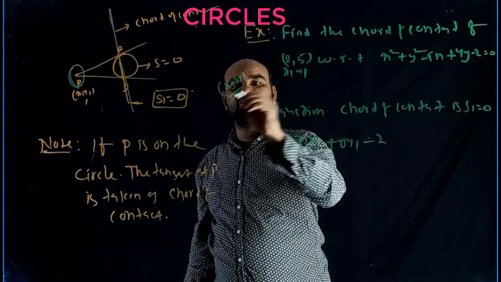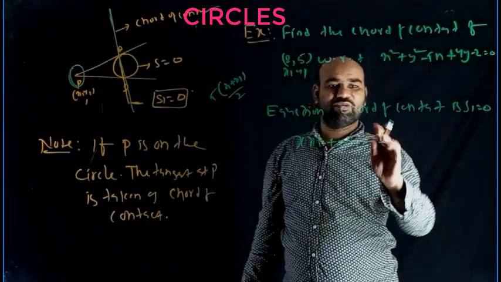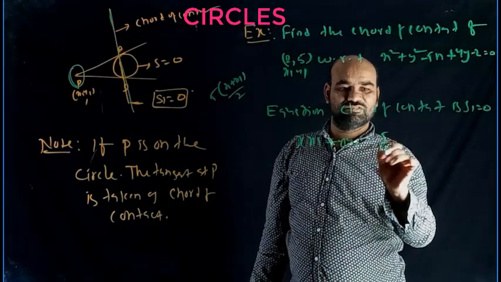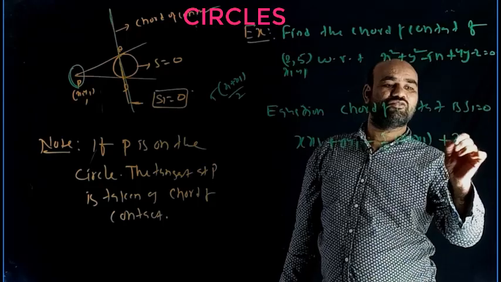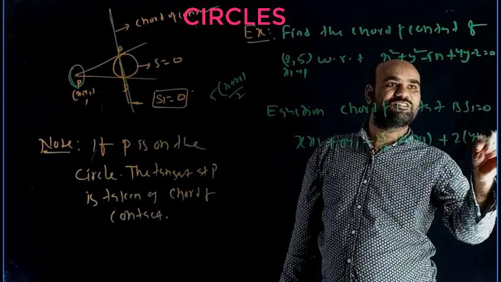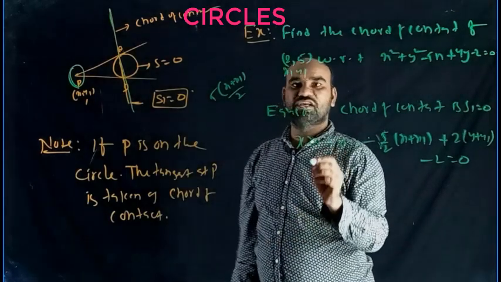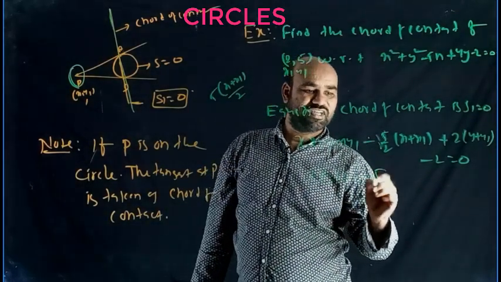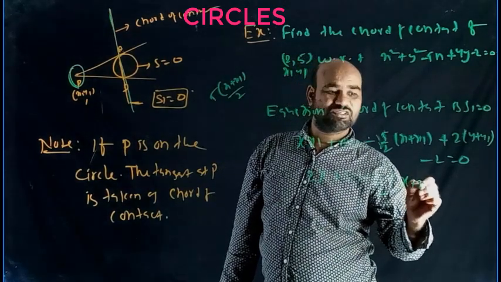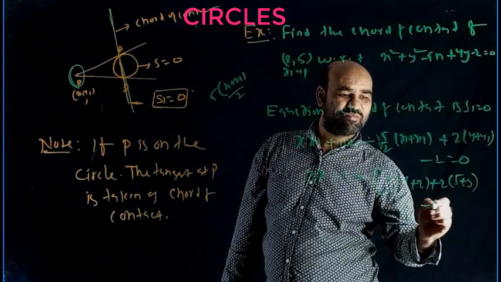So by 2 into 5, we can write 5 by 2 into x plus x1, plus 2 times y plus y1, minus 2 equal to 0. You need to substitute here, x1 means 2: 2x plus 5y minus 5 by 2 into x plus 2 plus 2 times 5 plus y minus 2 equal to 0.